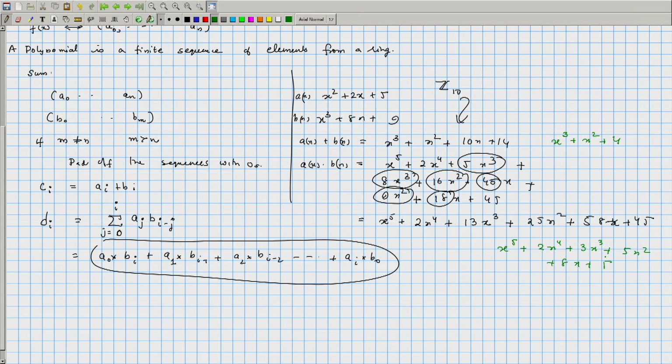So, when we are considering arbitrary rings, the way the degree behaves is different from the usual behavior. In the sense, if you add two polynomials, their degrees could come down.